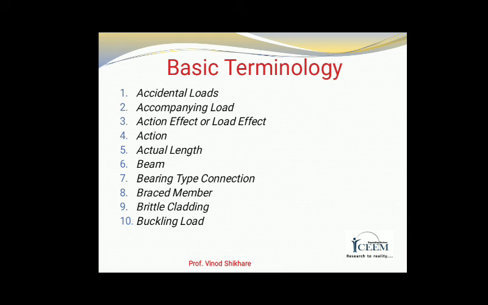The center to center distance between two supports on which the member will be placed is the actual length. The next term is beam. A member subjected to bending, mostly horizontal, is known as beam.